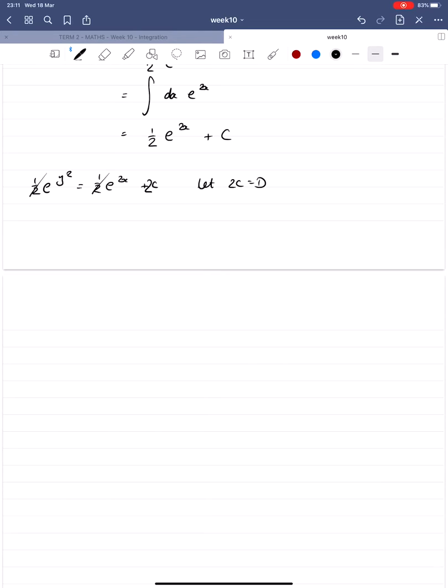and I can get rid of those exponentials by taking the logarithm. So the logarithm of the exponential of y squared, ln e to the y squared, is equal to ln e to the 2x plus 2c.